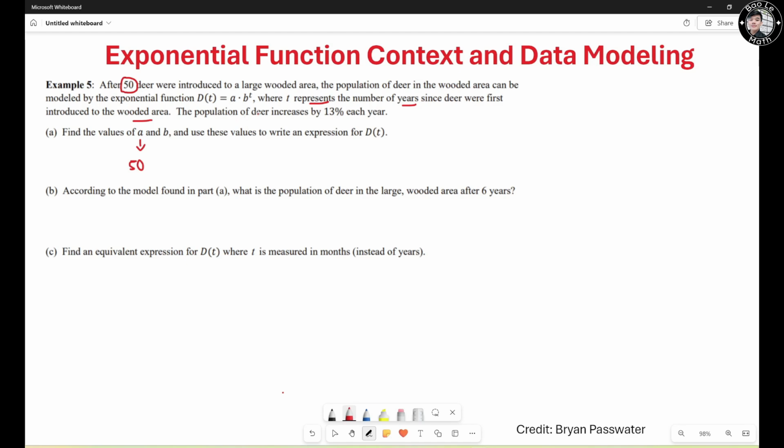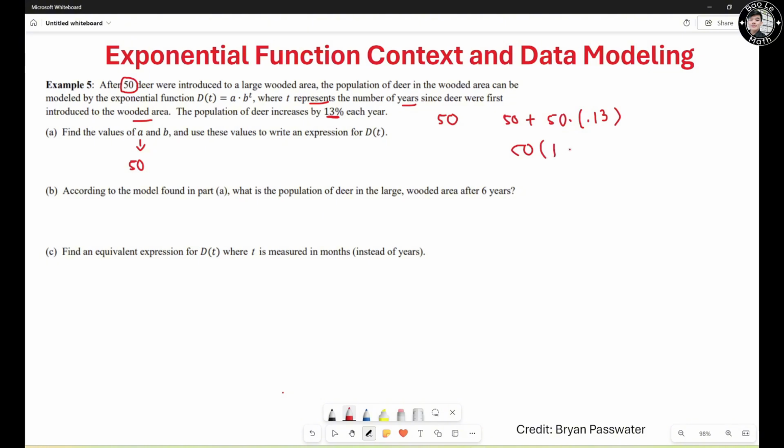So we know that the initial value is going to be 50. Now every single year the population increases by 13%. Alright, so next year it's going to be equal to the initial value plus 50 times 0.13, right? Because it's increasing by 13%. So I'm going to factor 50 out.